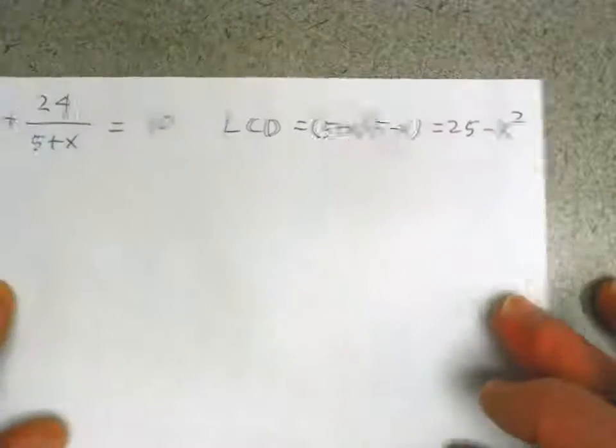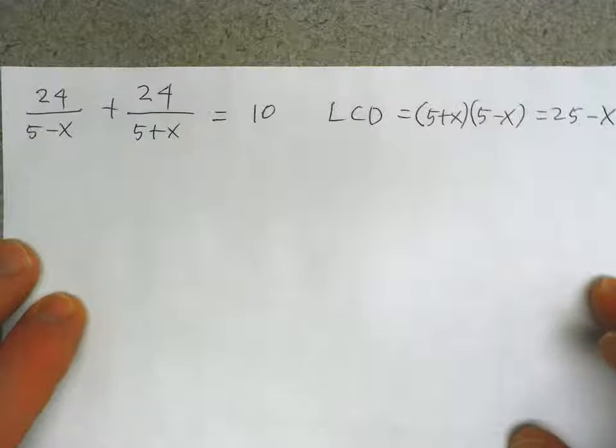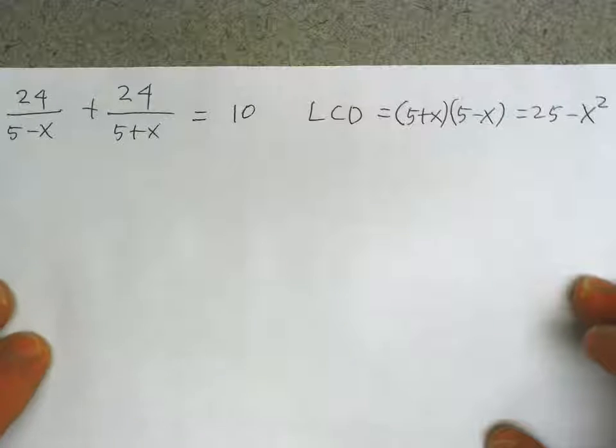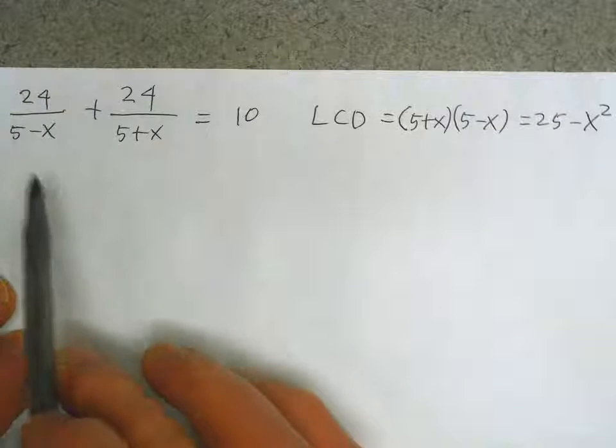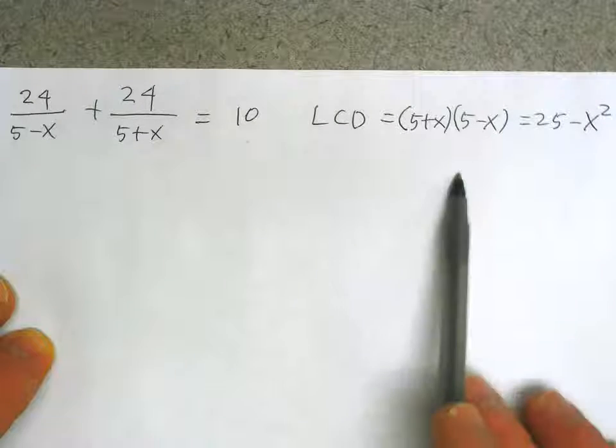Okay, so here we are. We're going to multiply every term on both sides of this equation by the least common denominator.